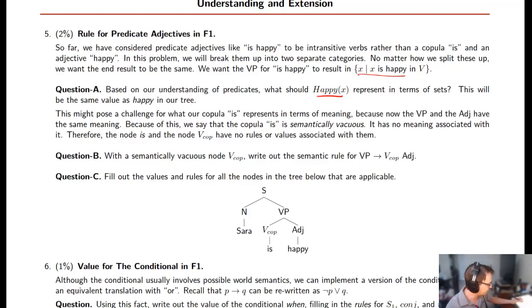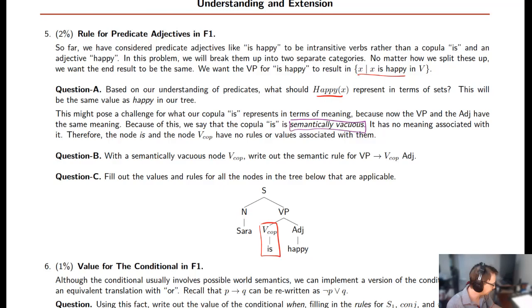You're going to find that the VP and the adjective are very, very similar, and that's a major hint. And this is a problem for is. If happy and the VP are very similar, then what could the meaning of is be? Well, is is something that is semantically vacuous. This just means that is has no meaning. It's just like an equals. It just assigns whatever's after it to whatever's before it.